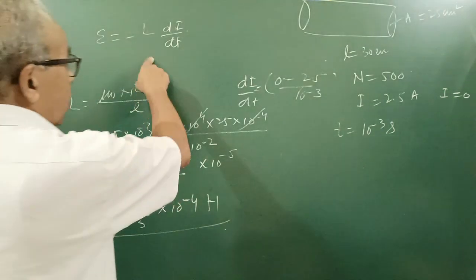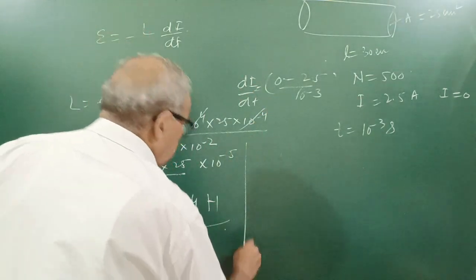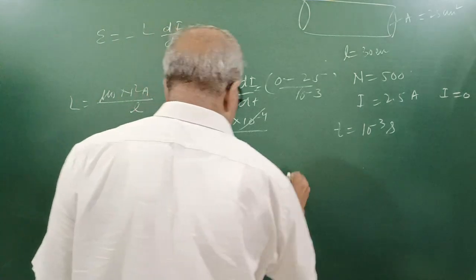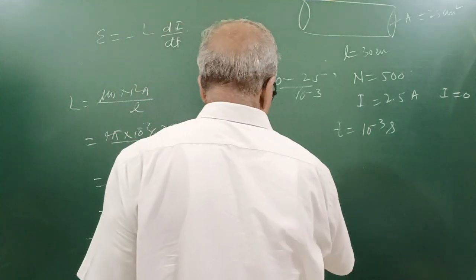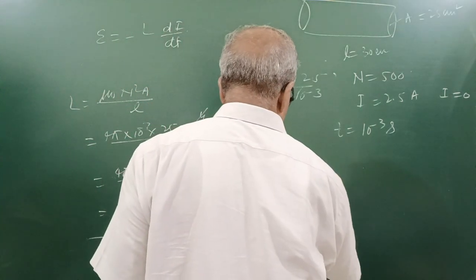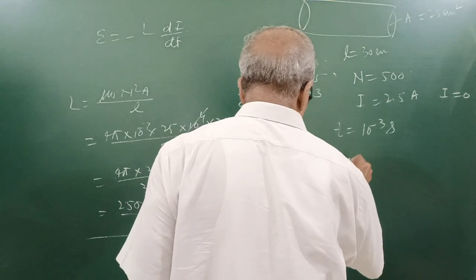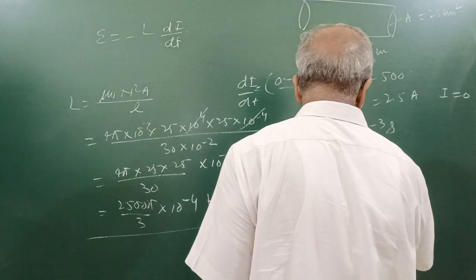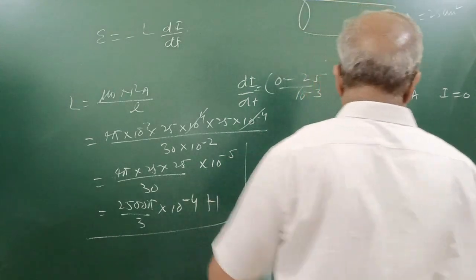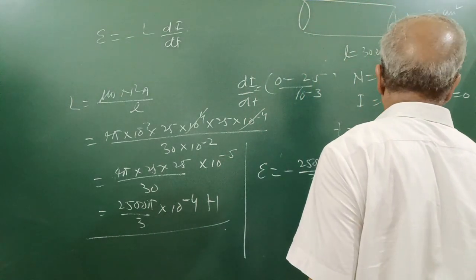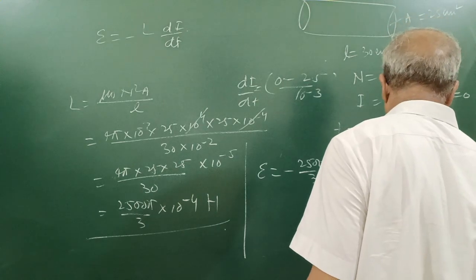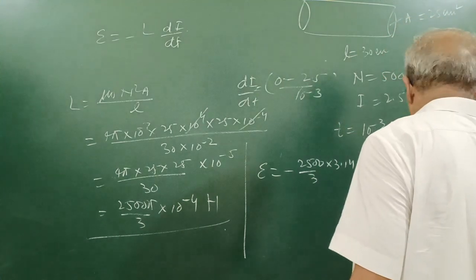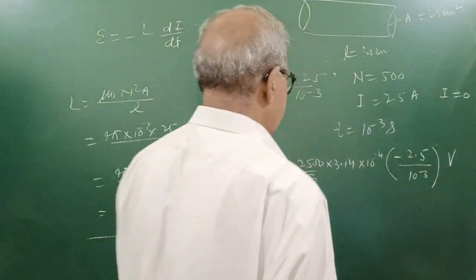Put this value here with di over dt. So the induced EMF will be minus 2500 upon 3 into 3.14 into 10 to the power minus 4, into minus 2.5 upon 10 to the power minus 3. This volt will be the EMF.